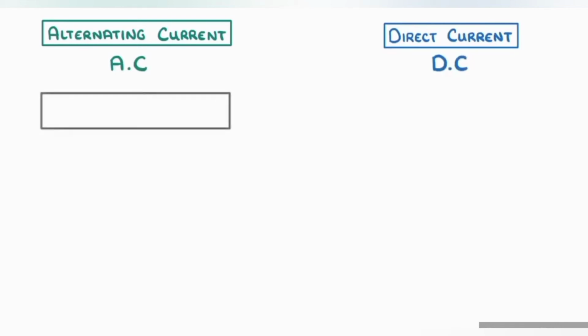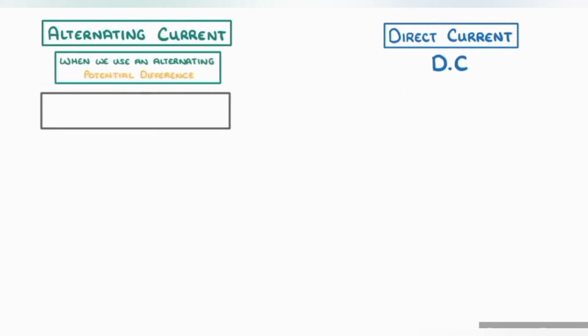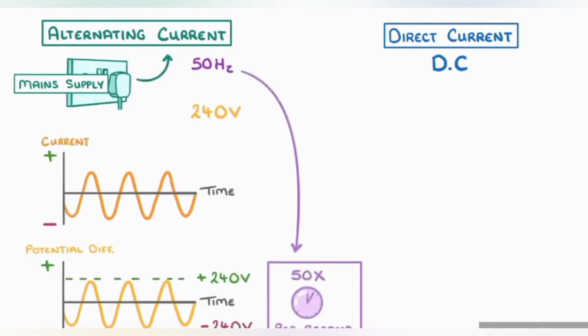In an alternating current, the direction of the current is constantly swapping back and forth. So the charge flows in one direction, then the other direction, and back again. We get these alternating currents whenever we use an alternating potential difference, or alternating voltage, one that fluctuates between positive and negative and back again 50 times every second.